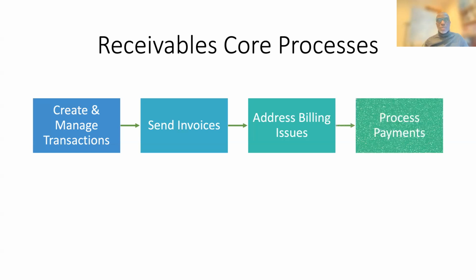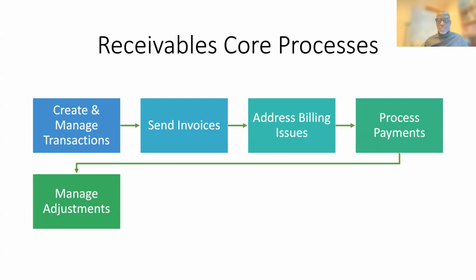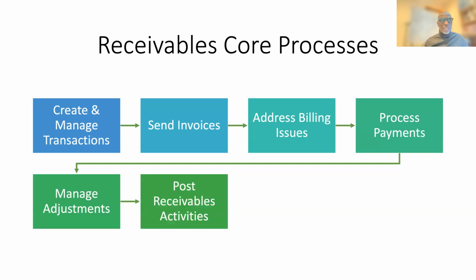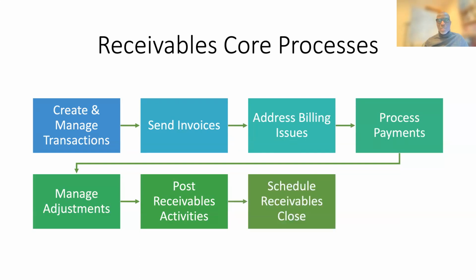And then also processing the payments, how to match the remittances to the invoices, and managing the adjustments. Adjustments could be credit memos and so on. And then there are other receivable activities, posting the receivable journals to GL, and also the receivables close. So the core receivables process, you'll take the business through that as well.